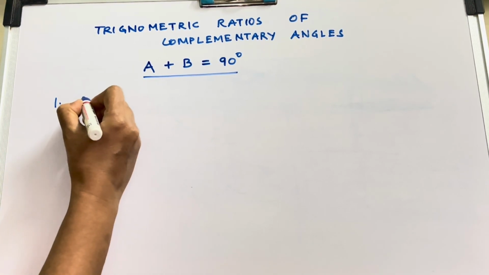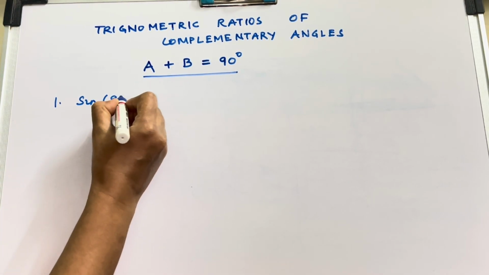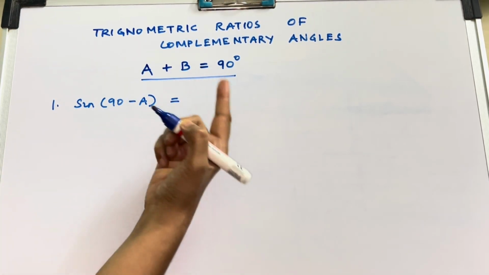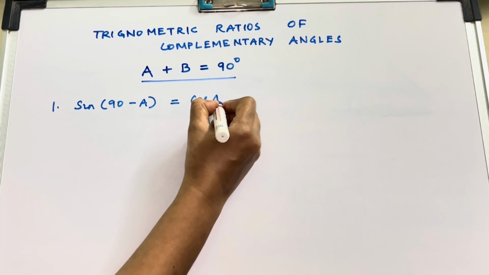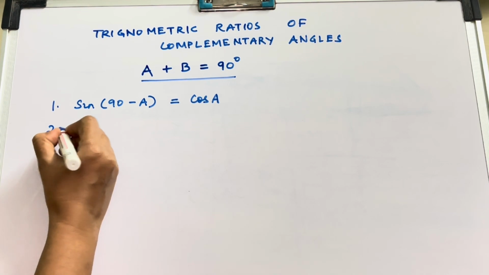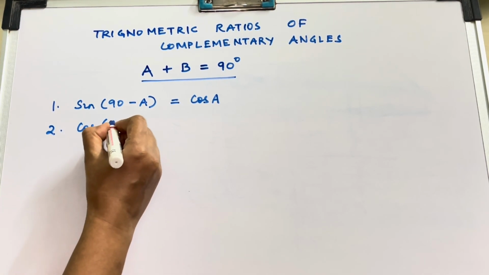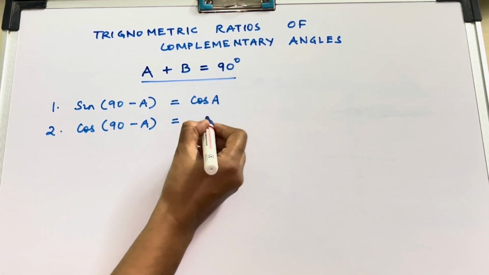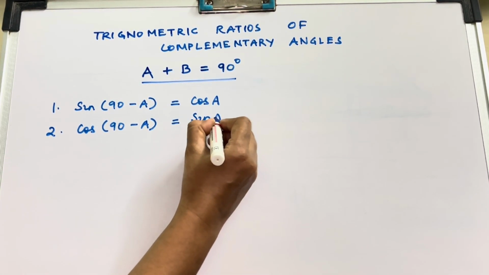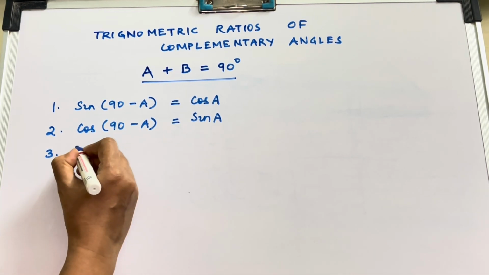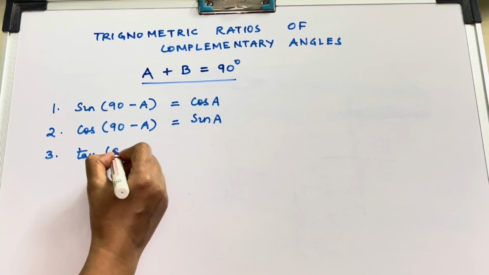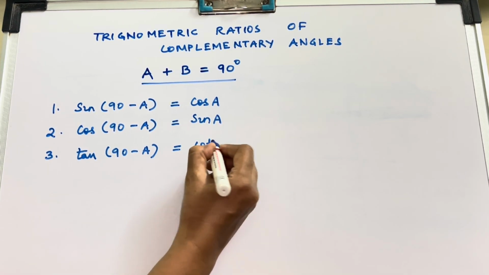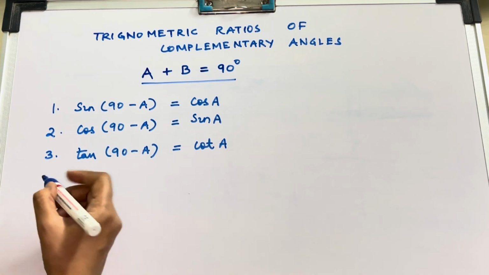The first one is sin 90 minus A. It is the opposite of sin, that is cos A. Second is cos 90 minus A, opposite of cos, sin A, very easy to remember.